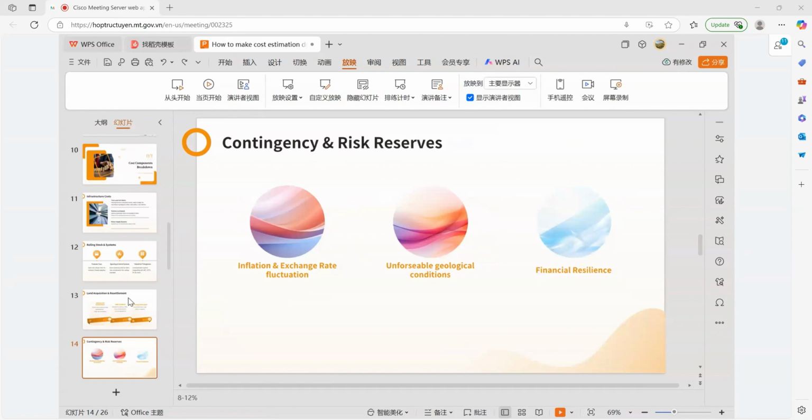And the reserves shall also cover unforeseeable geological conditions and keep the project financially resilient.